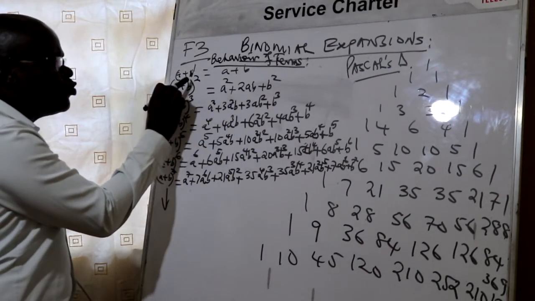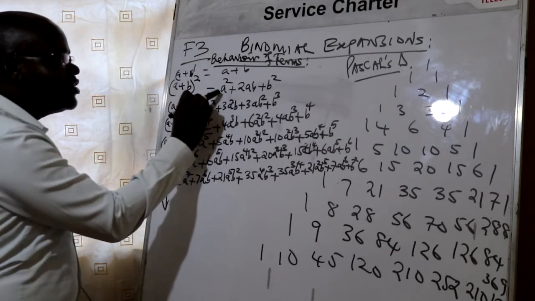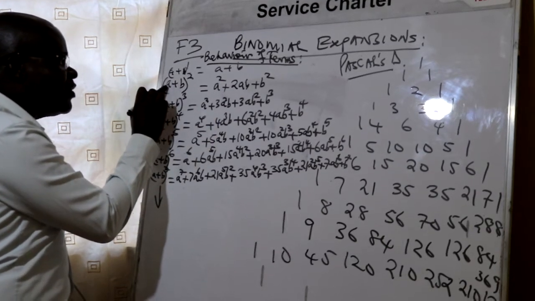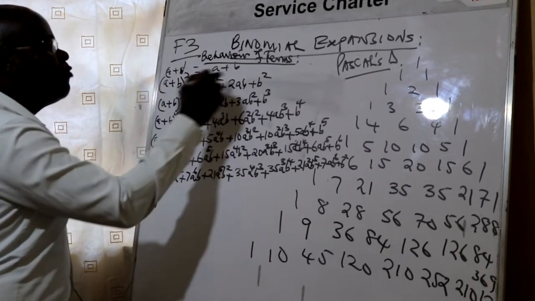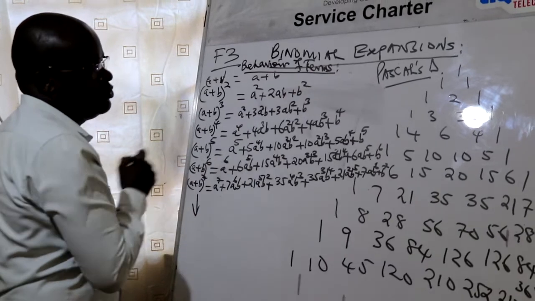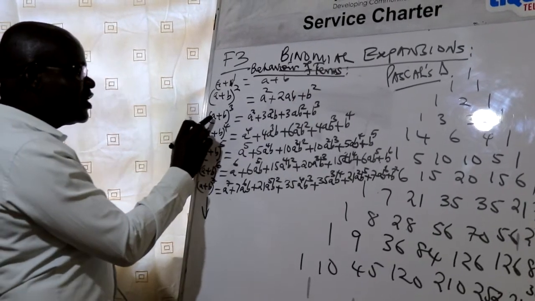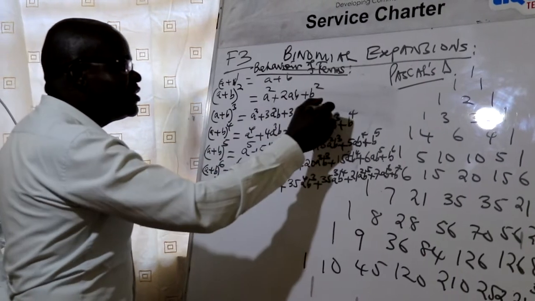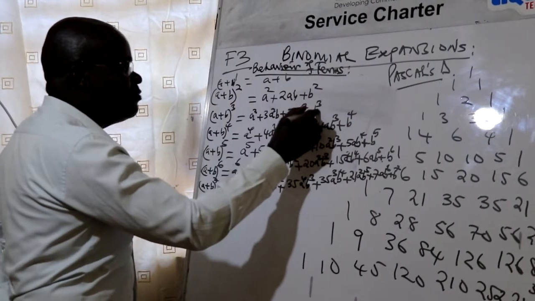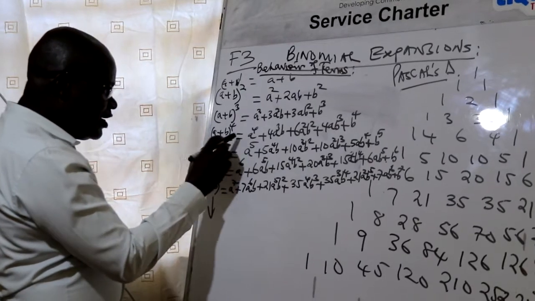That when it is raised to 2, the first term, A, is raised to 2. The second term is raised to 2. When it is raised to 3, the first term is raised to 3, the last term, B, the second term is raised to 3. Look at them.